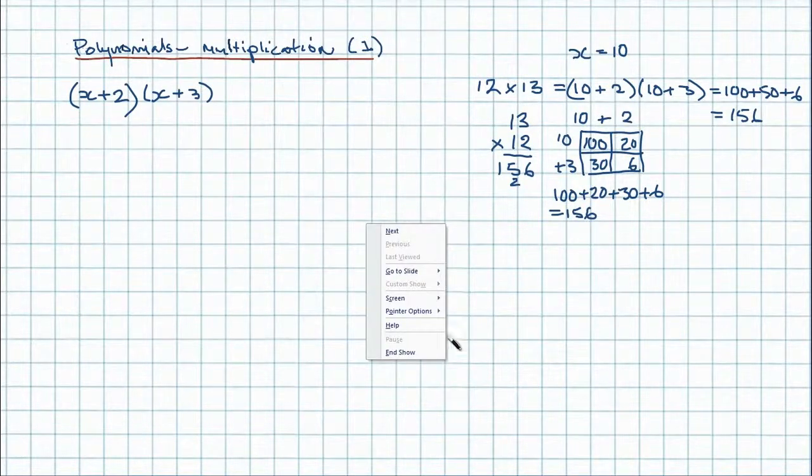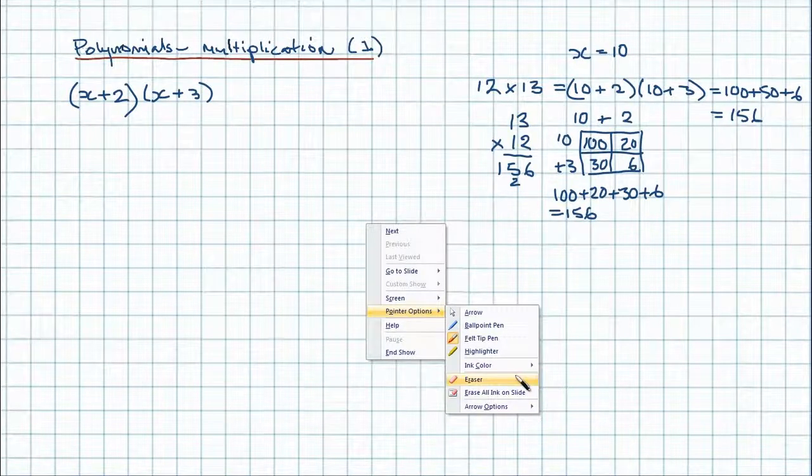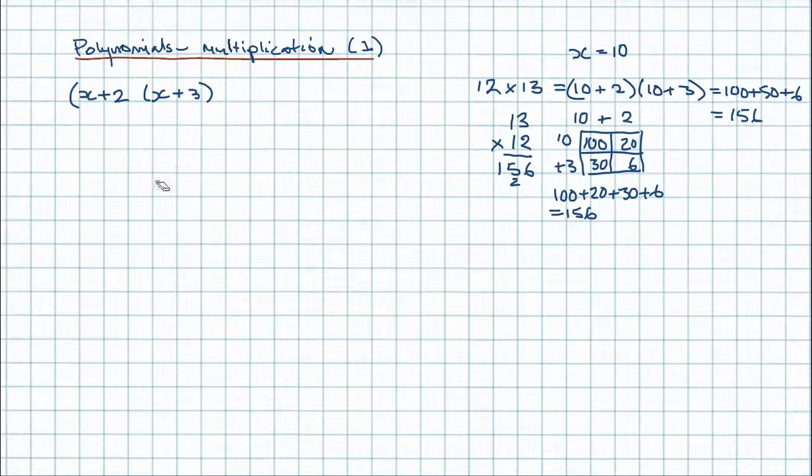Okay, let's just rewrite that last bracket there, keep it nice and neat. Okay, so we've got various options then for multiplying these out. Let's try a few. Let's try a column method, so x plus 2 and then x plus 3.